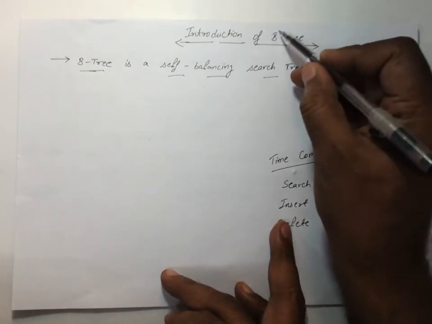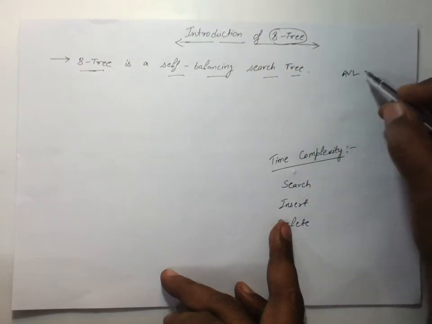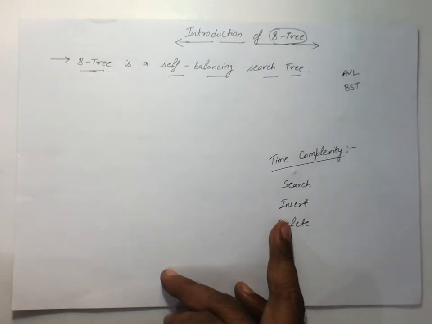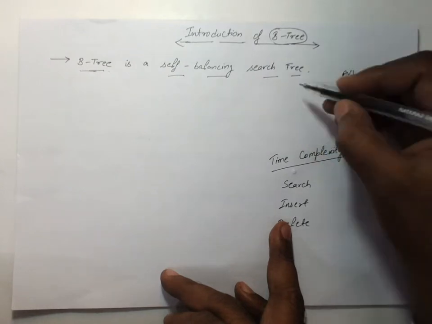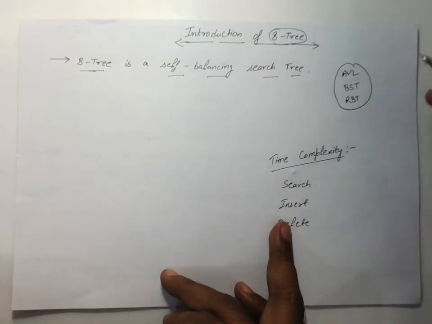Why is this required? Because we have AVL tree, binary search tree, and red black tree, RBT. We have so many trees, so why do we require B tree?